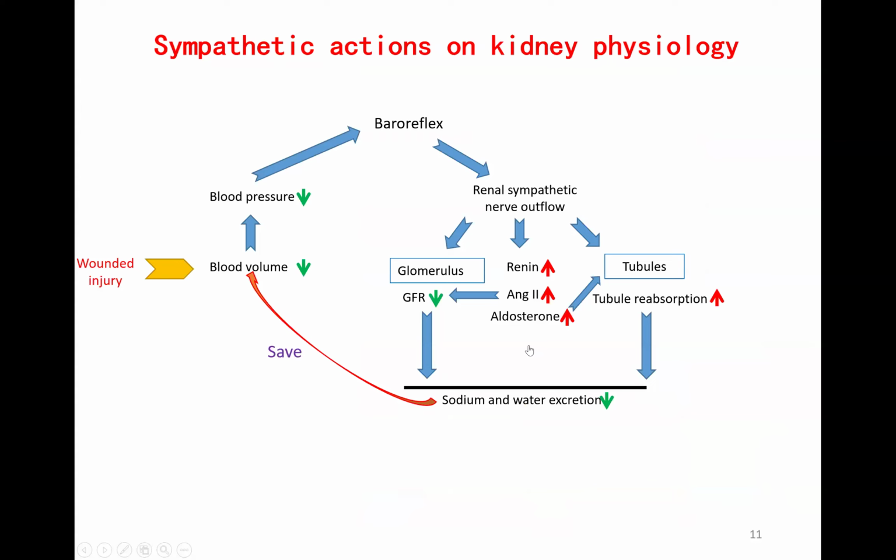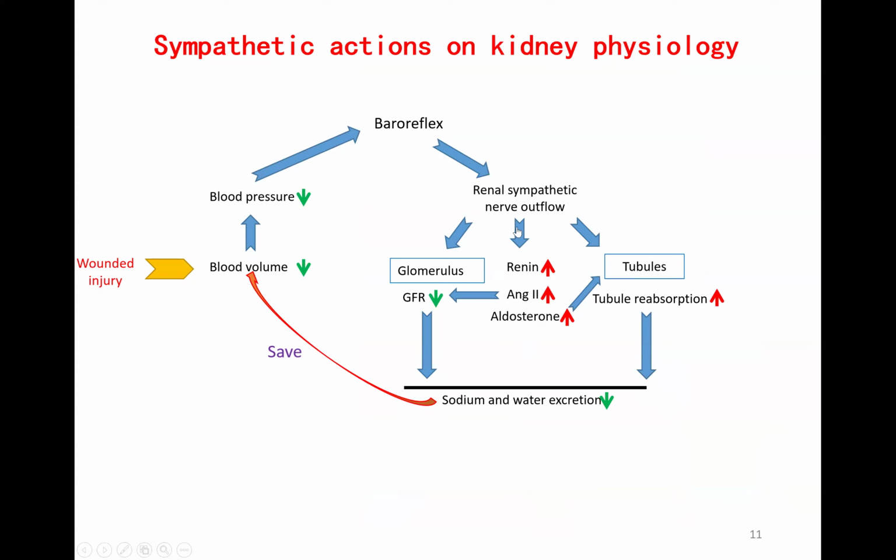What does the sympathetic nerve do in the kidney? This is pretty much a physiology study. During the long history of evolution, a common life-threatening situation is injury-induced bleeding, which will lead to hypovolemic hypotension. An immediate response to hypotension is to increase the sympathetic tonicity via the baroreflex.